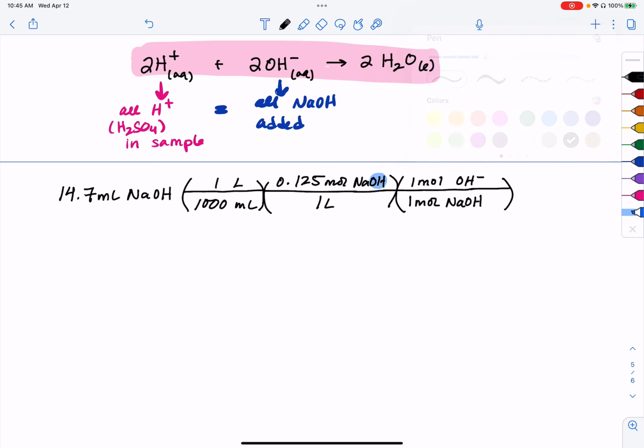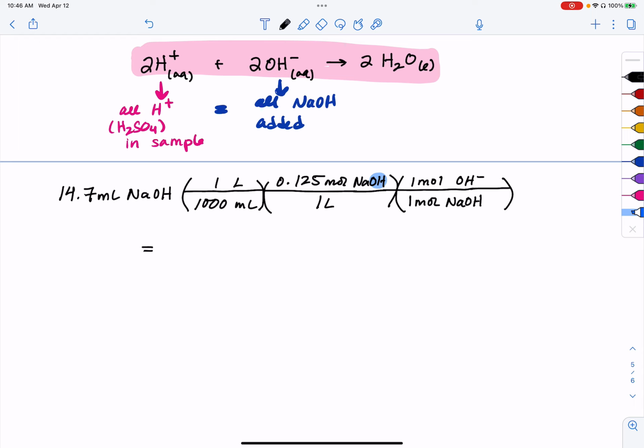All right. So let's figure out what this is. So I need to take our 14.7 milliliters and convert that into liters. So I'm going to move my decimal over 3 places. So that's 0.0147. Multiply that by my molarity, 0.125.